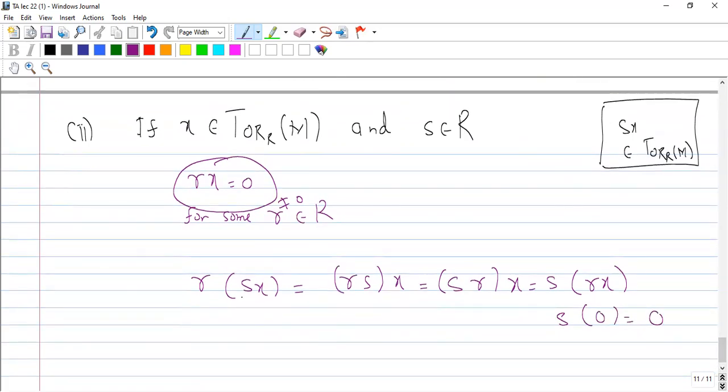So if we multiply this r with s of x, and we know that this r is not equal to 0, then the answer is equal to 0.